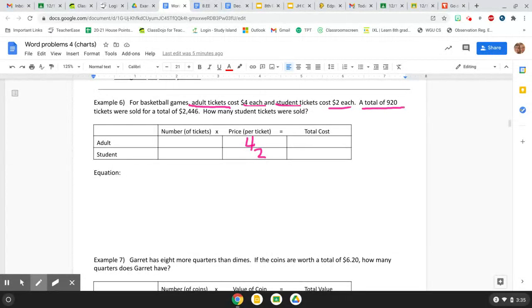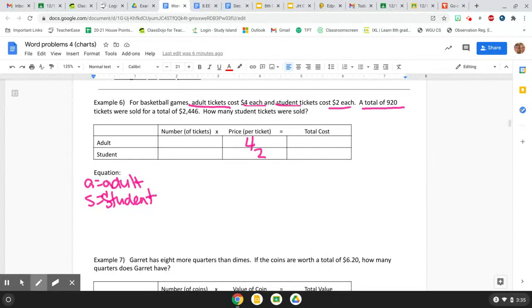I know my goal is to get one variable in my chart here, but I usually start out with 2 variables, and then I decide which one makes sense to make the one variable in the chart. So I'm going to say A is the number of adult tickets and S is the number of student tickets.